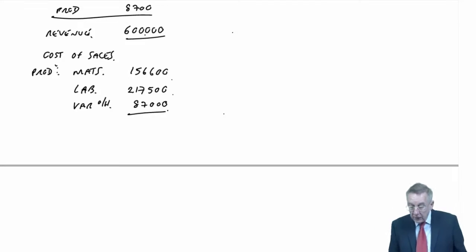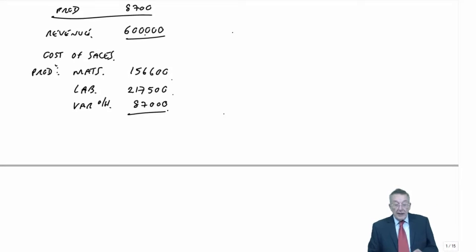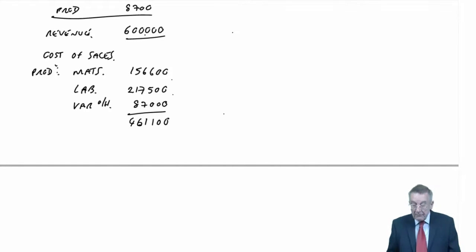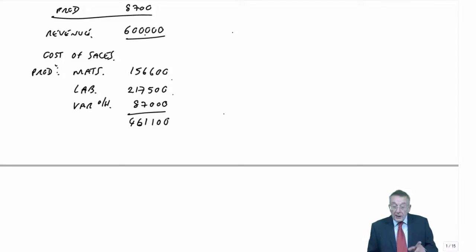And so the total marginal cost of the 8,700 produced, I get 461,100. But that's the cost of the 8,700 produced.